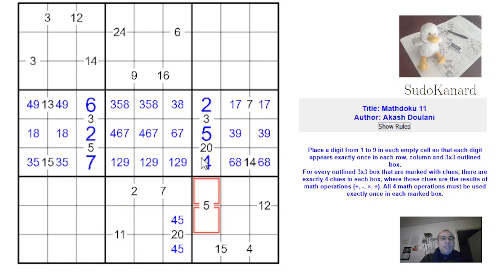5 here won't be the result of a multiplication nor a division because of this 5. And actually, those are big numbers. They can only be achieved by multiplying or summing. So those two clues account for addition and multiplication.